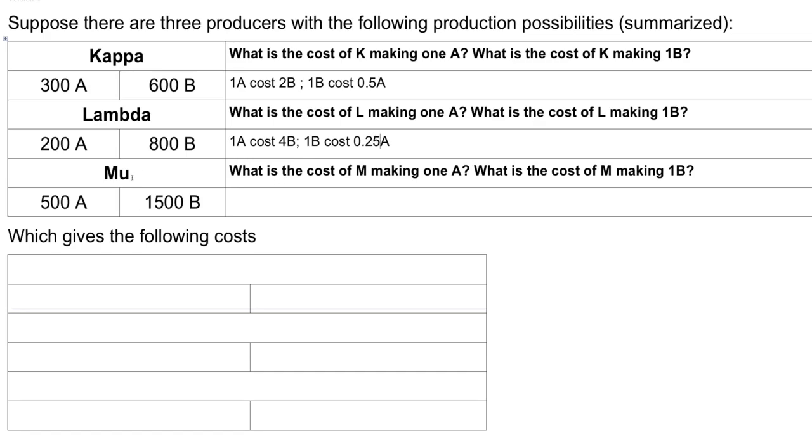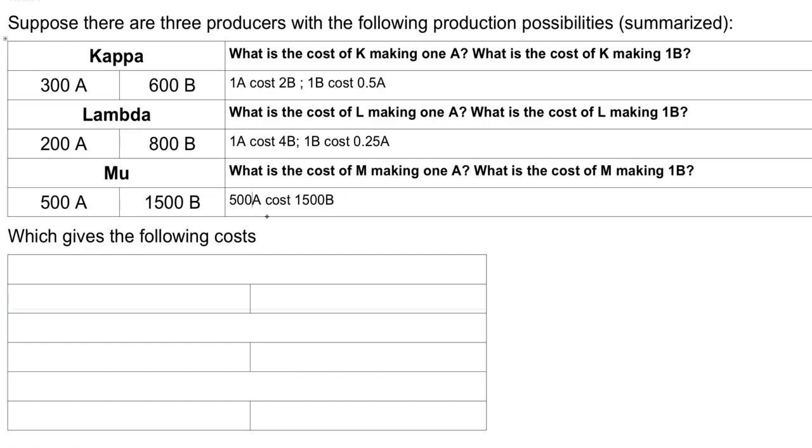We have another producer named mu. Again, that's the Greek letter that comes after lambda. And 500 A's is how much they could make in mu if they did nothing but make A. 1500 B's is what they could make in mu if they did nothing but make B's. And so if we want to know what's the cost of mu making 1A, well, we don't know for 1A, but we know 500 A's cost us 1500 B's if mu makes them.